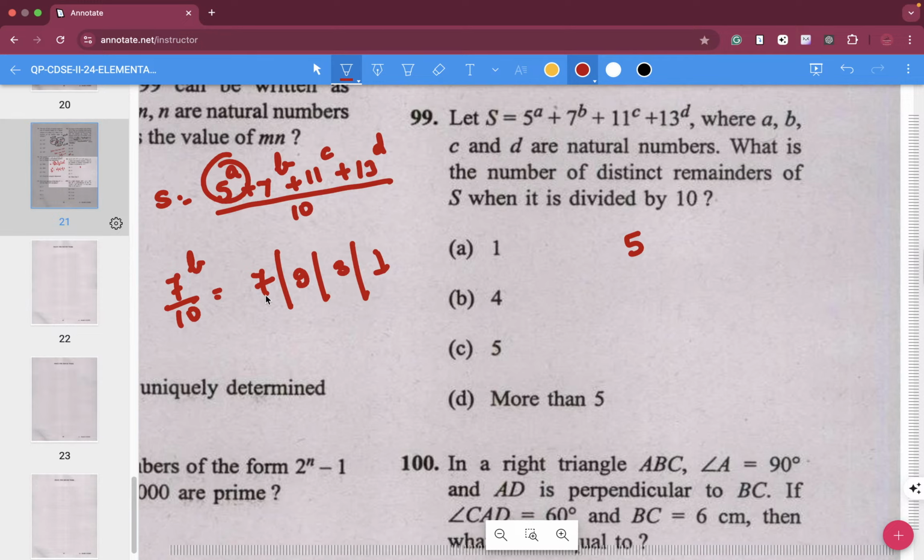These are the possible values of remainder when you divide 7 raised to the power B by 10.